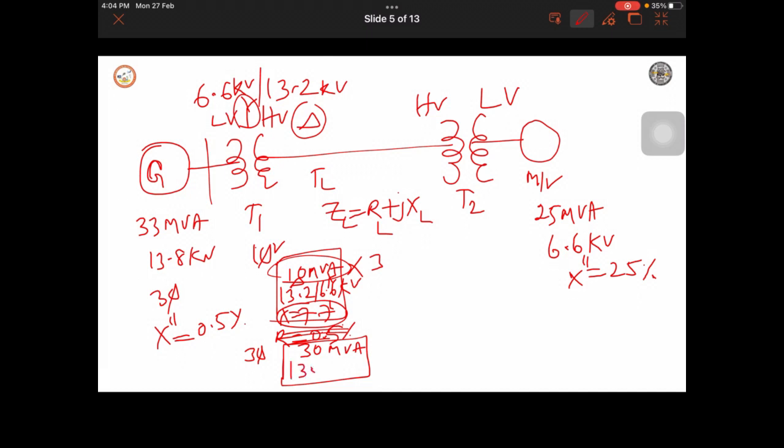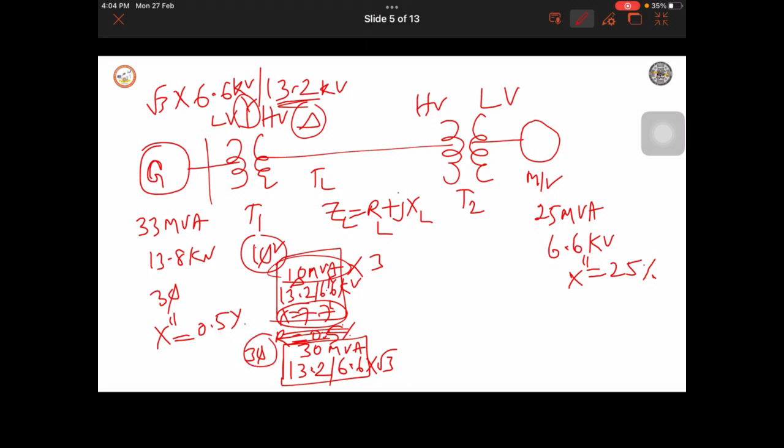Therefore, it is 13.2 bar 6.6, no? For that, root 3 we have to multiply here, for star. Delta means line voltage and phase voltage are the same. This is how you have to convert the single phase rating of 3 units to 3 phase.